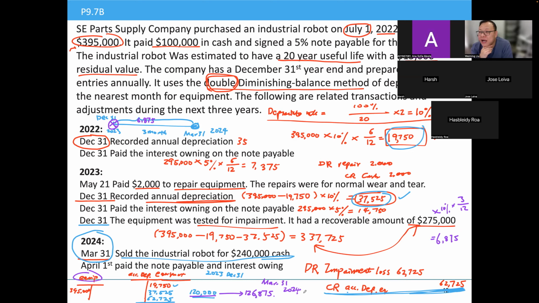Jules, Harsh, Anna, does this make sense? Yes. Okay, good. Now I need to erase a little bit to make some room.